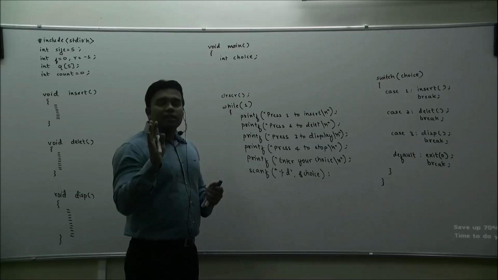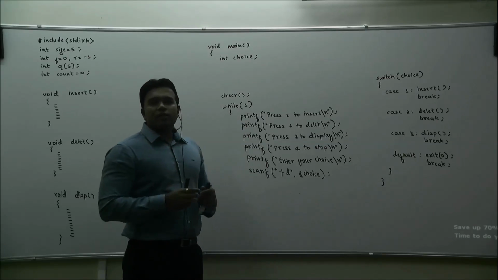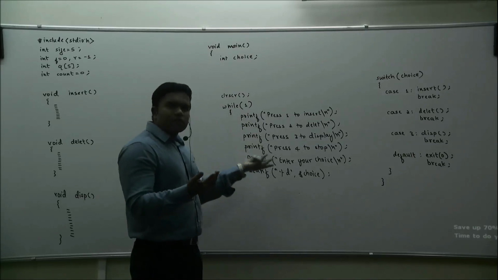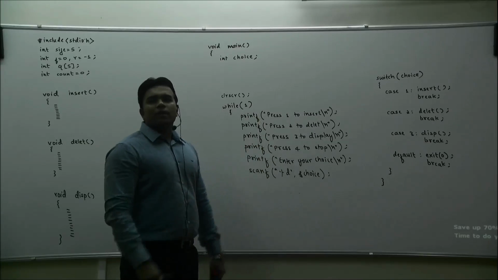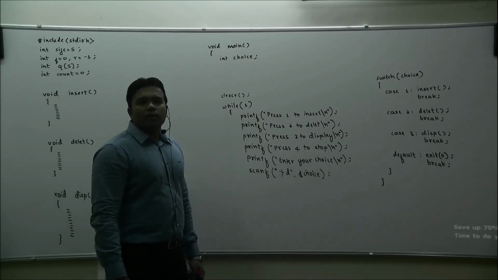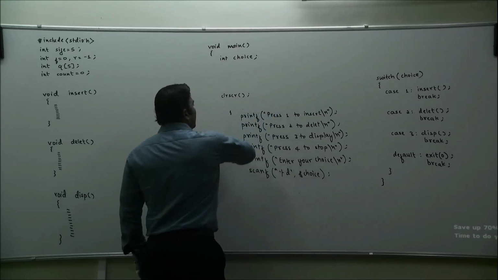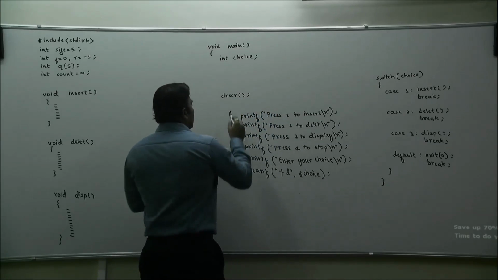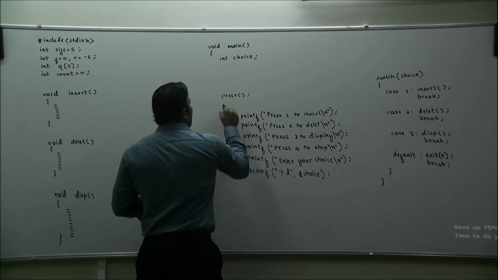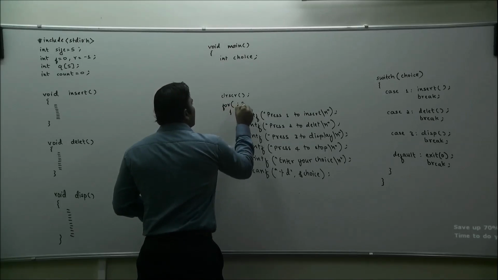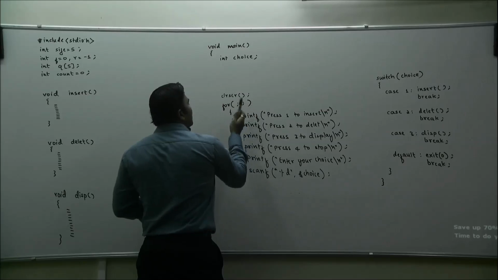Anything other than 0, say 1, is treated as true. So this condition is always true, so it keeps on looping, which is why we call it an infinite loop. If you want, you can use this, or even a for loop. How, sir? Like this: for, with no initialization, no condition, no incrementation, nothing.